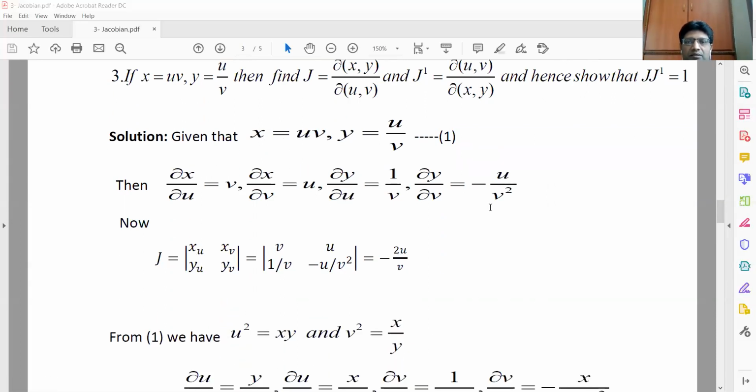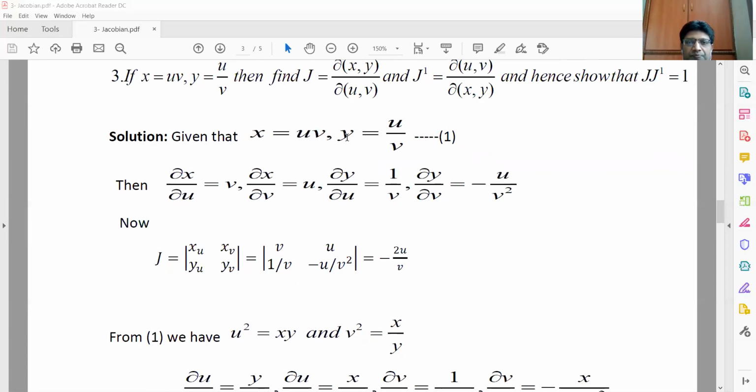Next, I require dou u with respect to x, and similarly dou u with respect to y. For that, we have to write u and v in terms of x and y. See clearly here, u square is xy. How did we get u square is xy? From the first, what is u? y v.